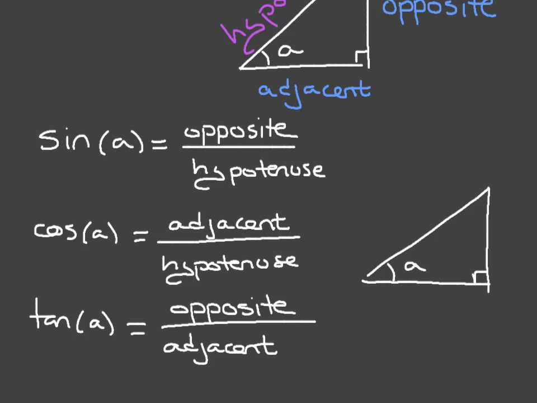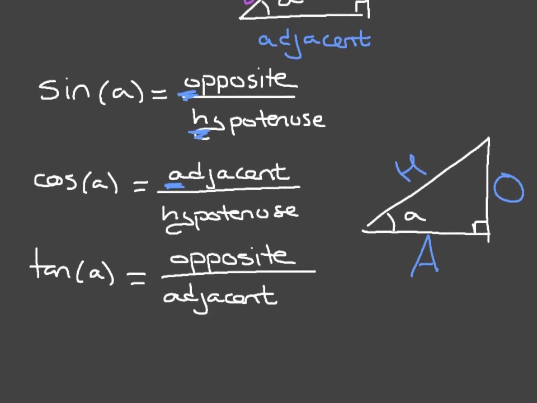For opposite, for example, we're going to use the capital letter O, opposite the angle A. For adjacent to the angle A, I'm just going to use the capital letter A. And finally, for the hypotenuse of the triangle, we'll just use the capital letter H.